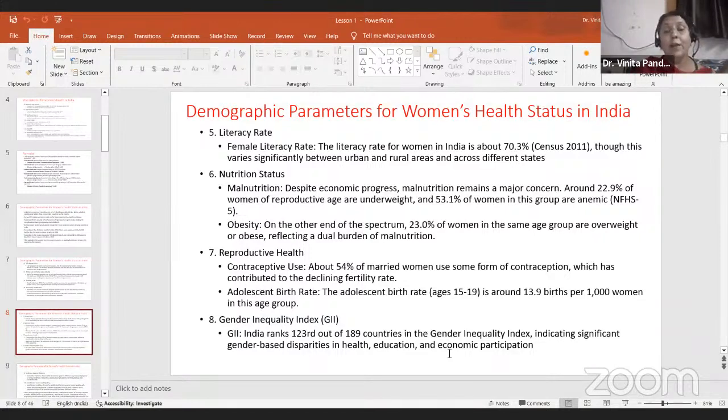So on one hand, we have challenges of malnutrition, and on the other hand, we have challenges of obesity. Obesity is one of the serious concerns, especially with regard to women's health. And we have to always remember that obesity might not always be connected with our eating quantity, what quantity of food we are eating.